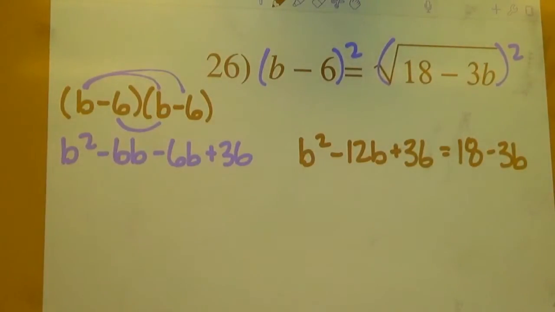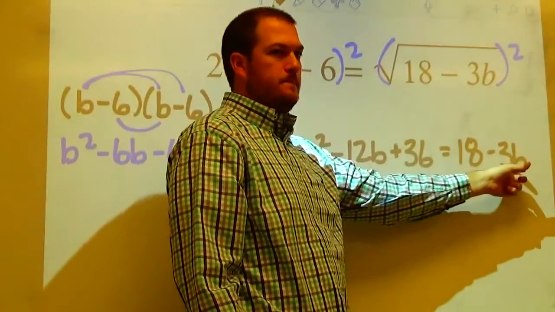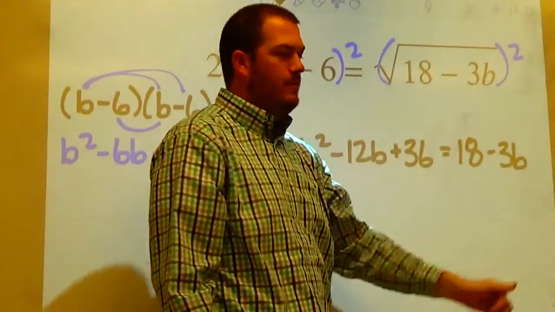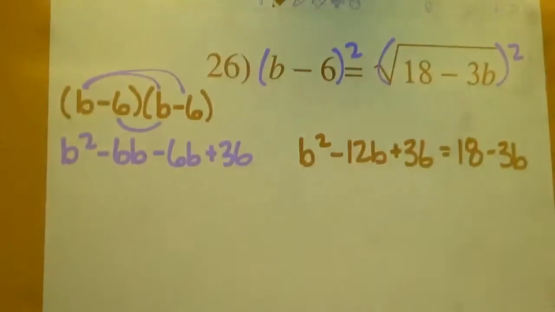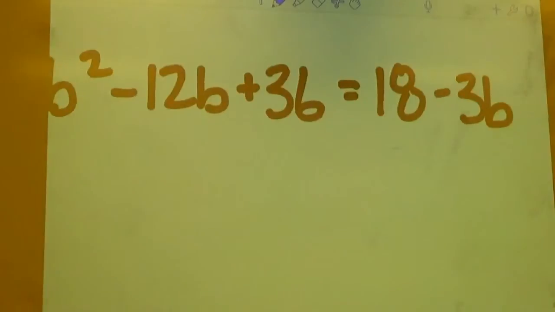Wait, is that 36 on the end or 3b? That's a 3b; over here is a 36. Over here is a 3b. My b's kind of look like 6's. So then, I'm going to move everything to one side.